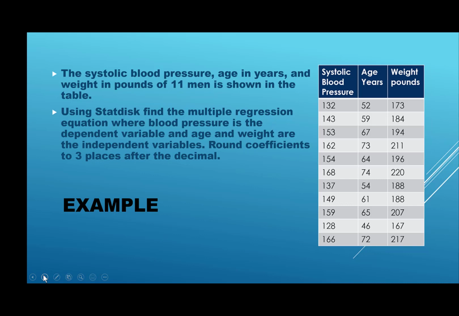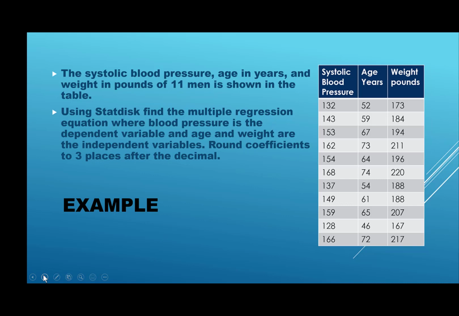In the table given on this slide, I have systolic blood pressure, age in years, and weight in pounds of 11 men. And what we would be using this for would be to come up with an equation that relates these three variables, with systolic blood pressure being the dependent variable and the age and weight of the man being the independent variables.